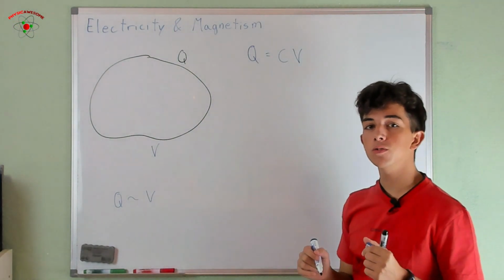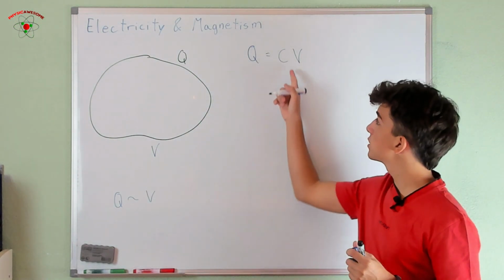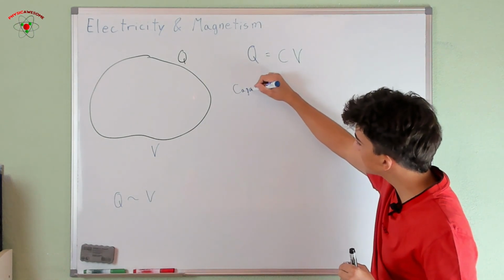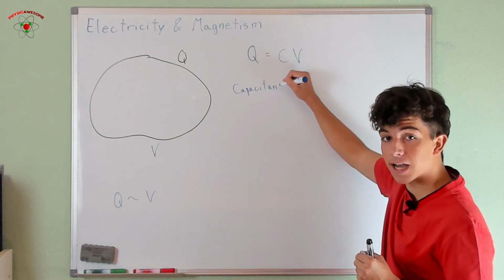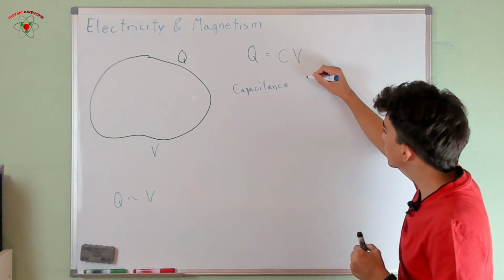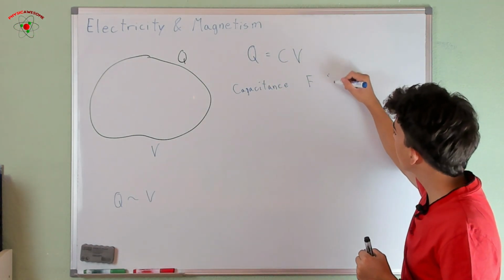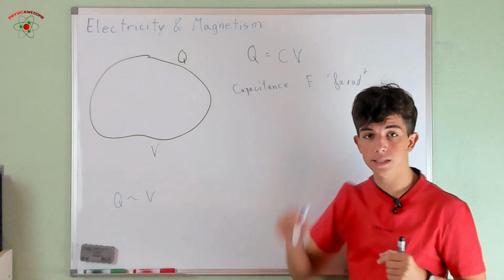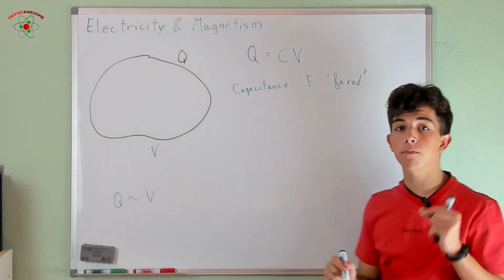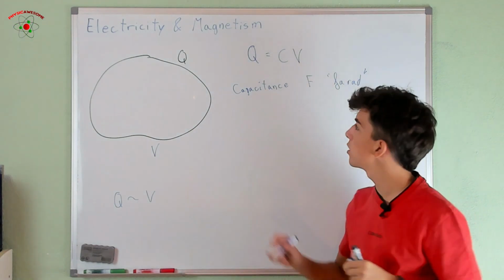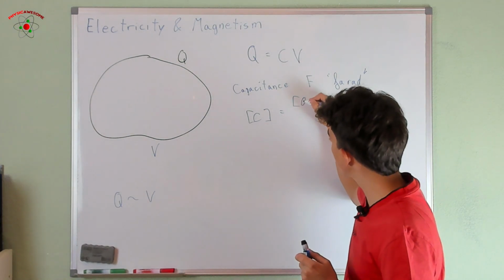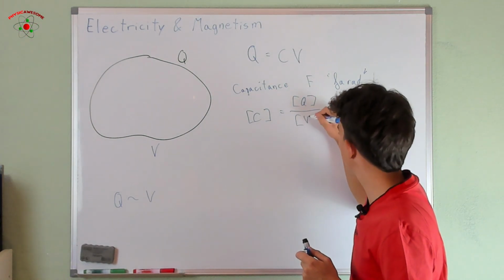Now, it's important to examine what the units of this new capacitance are. So, capacitance in the SI units has the units of F, which is a farad. Now, by using this equation, we can find exactly what those units are, as we know that the units of C are going to be the units of Q over the units of voltage.